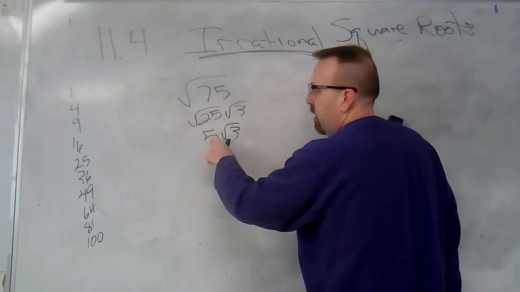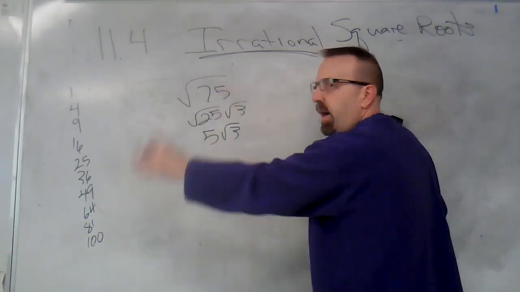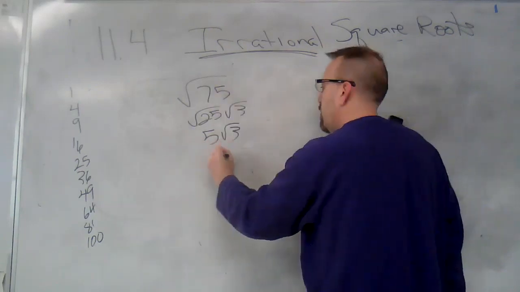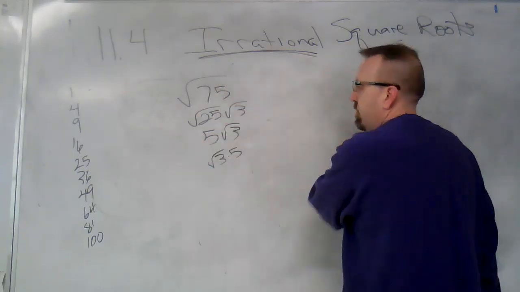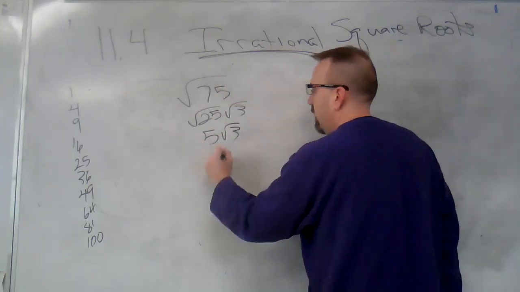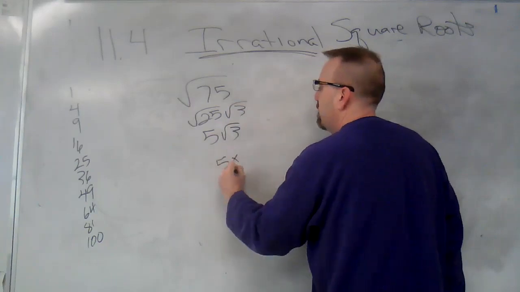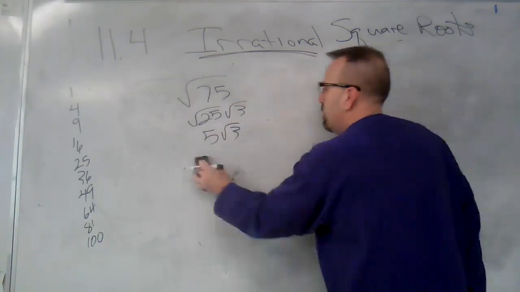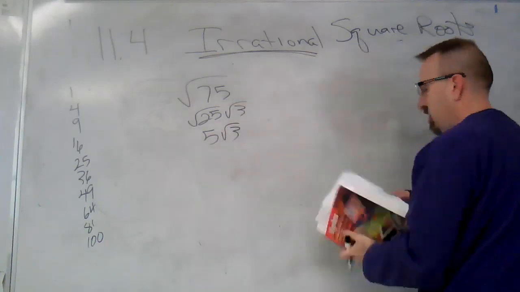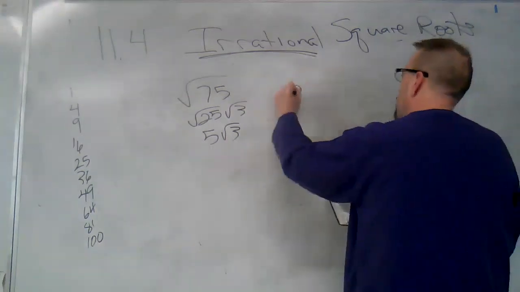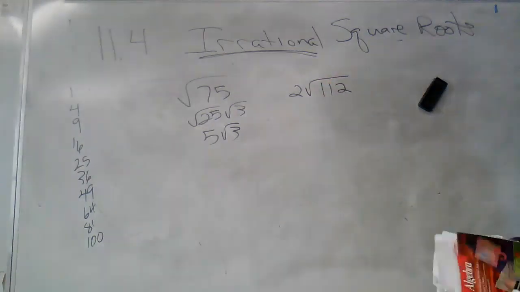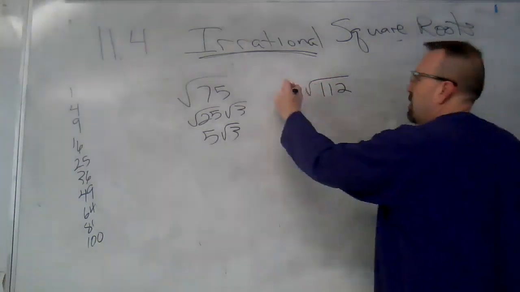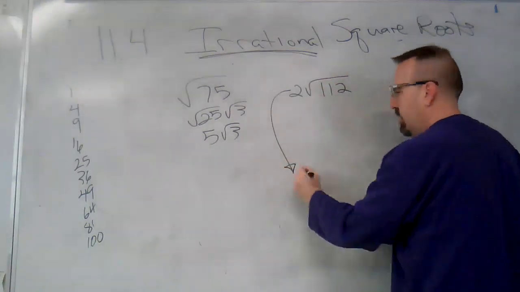We always want to put our simplified coefficient out in front, so we're not going to write it like this. We always want it to be in the front, so that way we know. It's kind of like with x. We write 5x instead of x5. If you see one like this where it starts with a number out in front, we do not have to worry about this until we're done. So you just bring it down here.